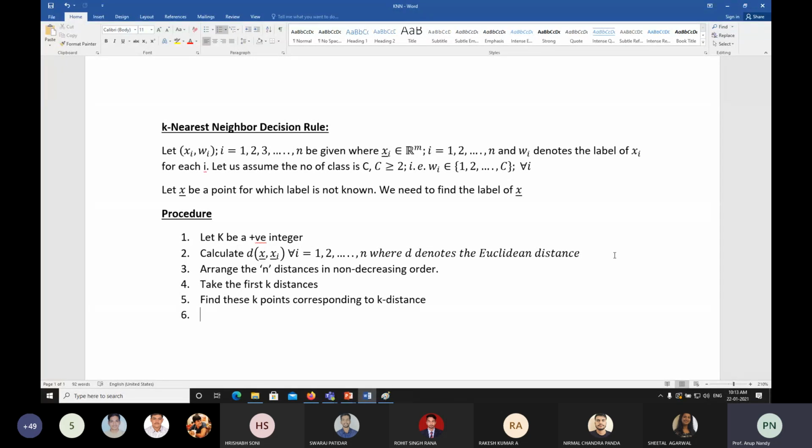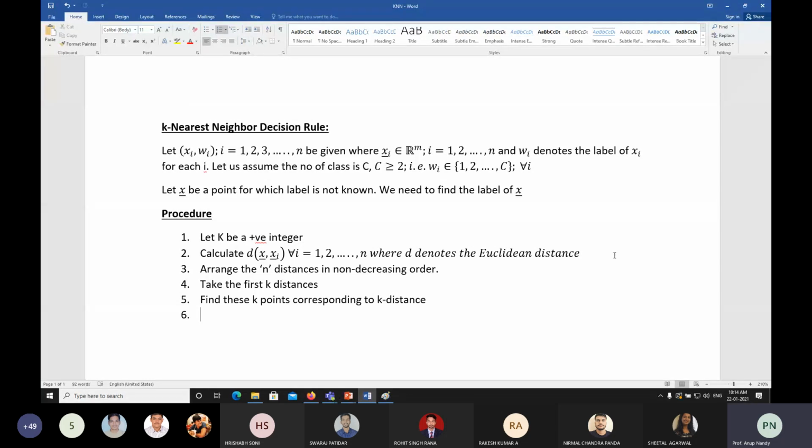Now you are going to apply one nearest neighbor, 1-NN. If you apply 1-NN, it means you take the distance from k equal to 1.